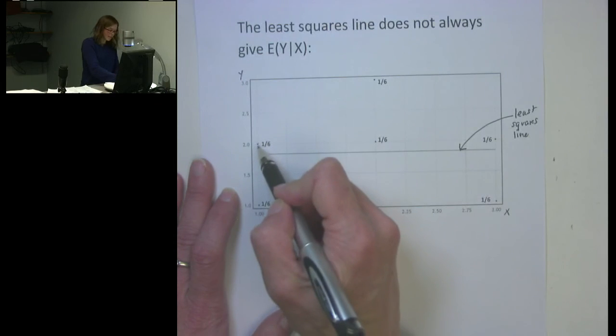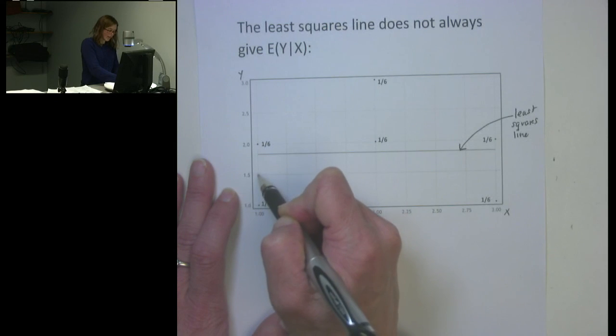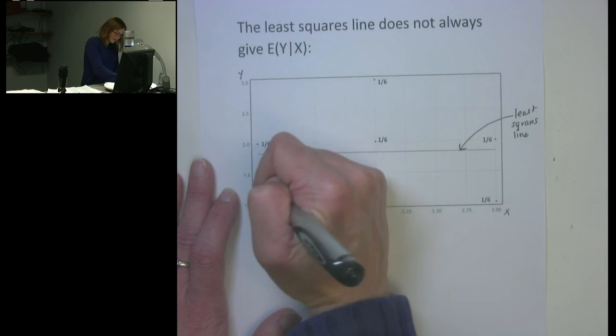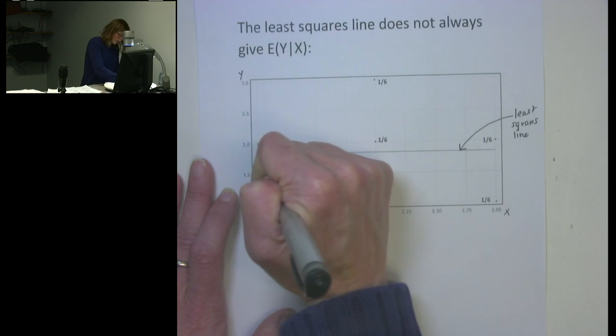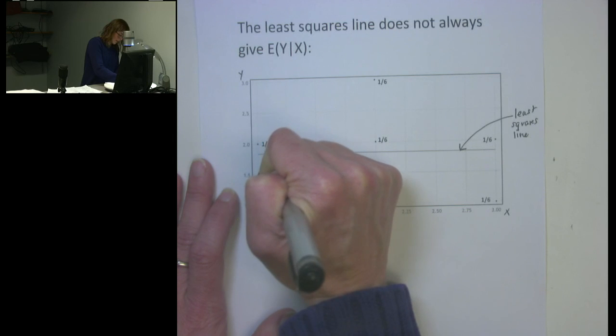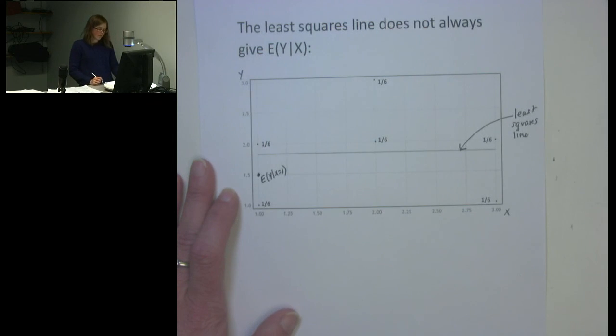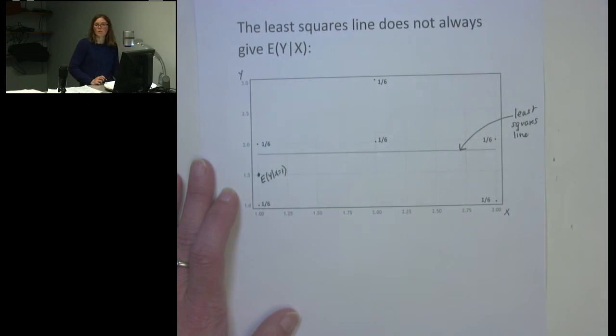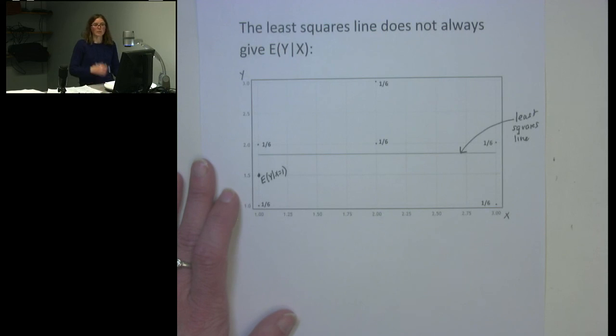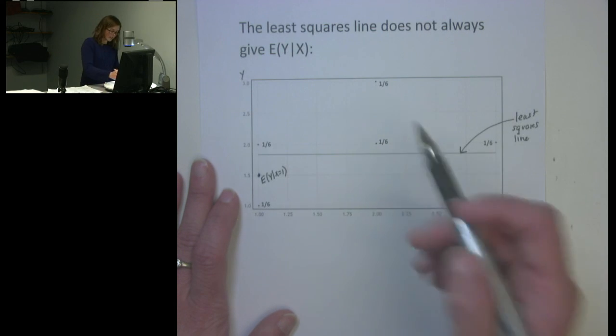If we were to find the expected value of y, given that x is equal to 1, it's going to be 1.5. You can see that makes sense. It's halfway between the 1 and the 2. They have equal weight. I'm not going to go through all the calculations because it would be very time-consuming, just to give us a sense.